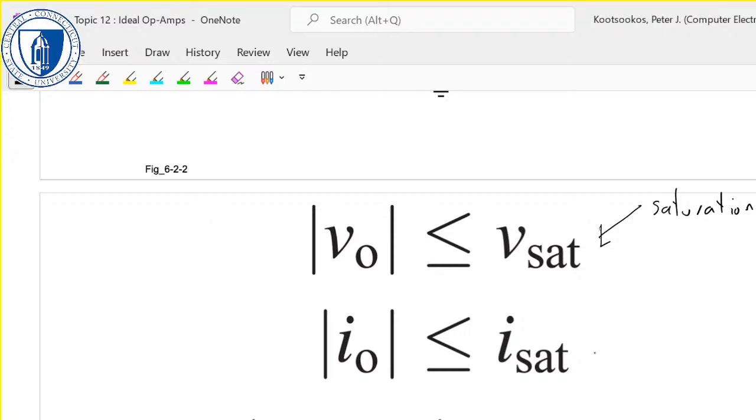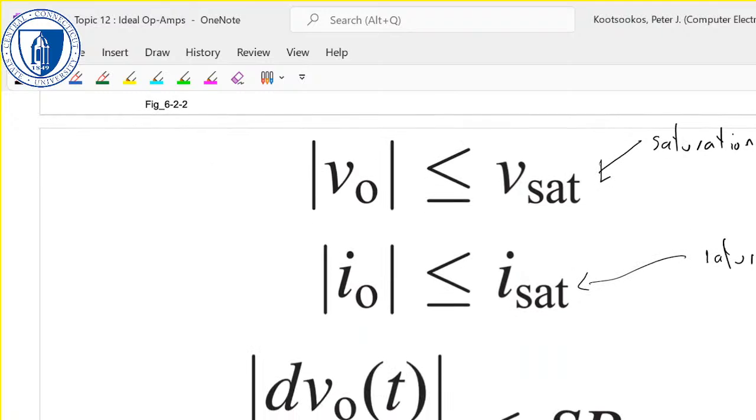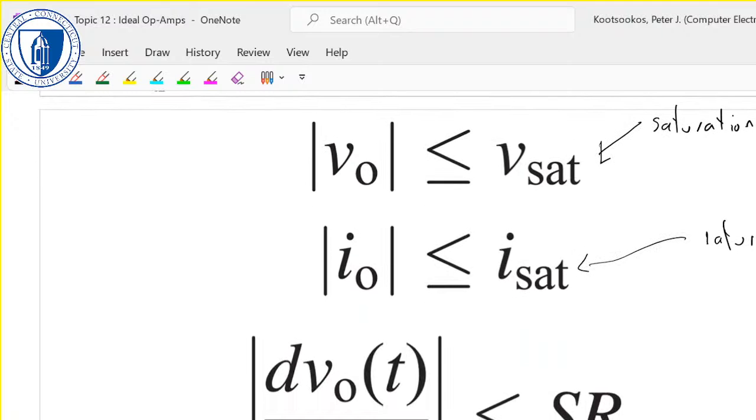Similarly, the output current can't be as high as you might like. Again, this is the saturation current. Another thing that you can't do is the output voltage can't change as quickly as you'd like.